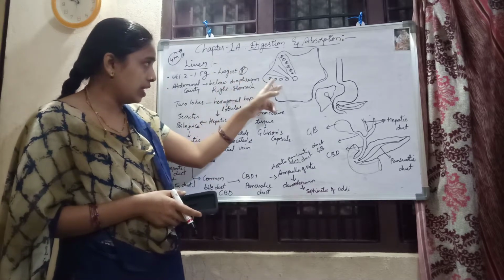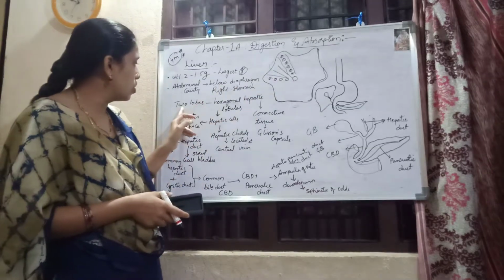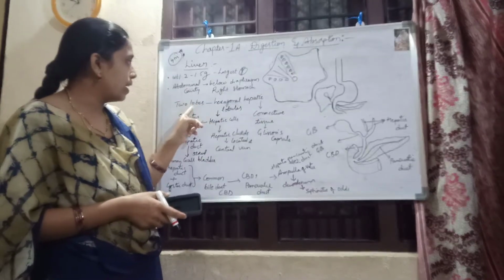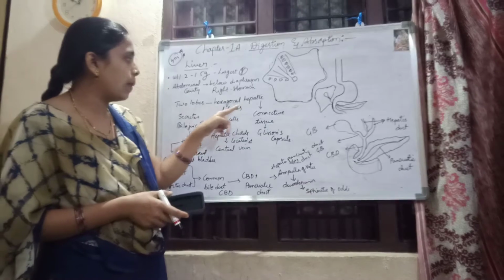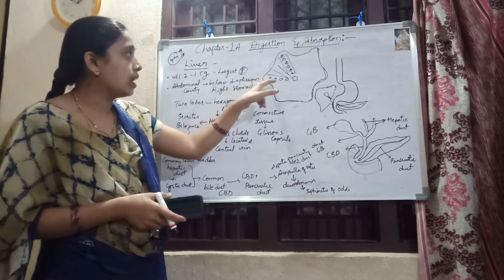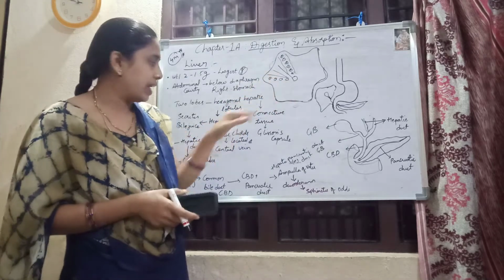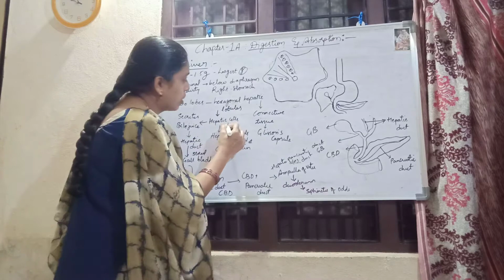Each hexagonal hepatic lobule is made up of hepatocytes, or hepatic cells.